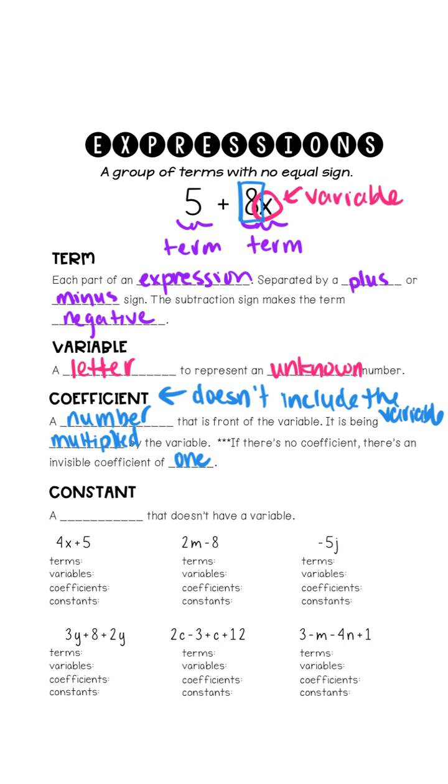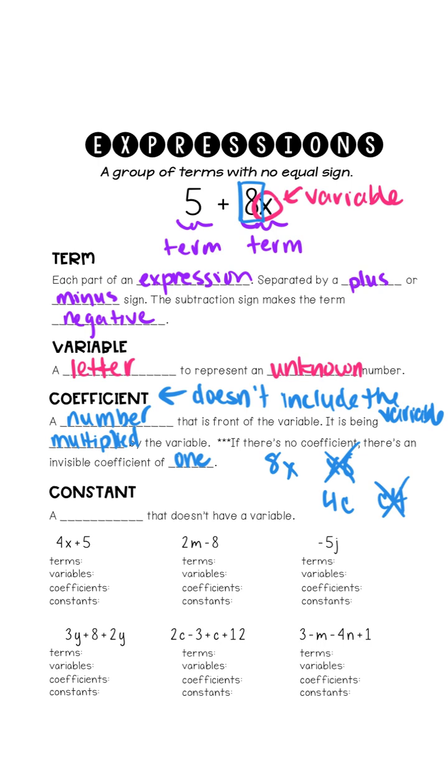When you have a coefficient and a variable, you always write the coefficient and then the variable. Like in this case, it was 8 times x, so you would put 8x. You would not put x8. Or let's say you wanted to say 4 times c. You would put 4c. You would never write c times 4 or c4. You're always going to put the number and then the letter.